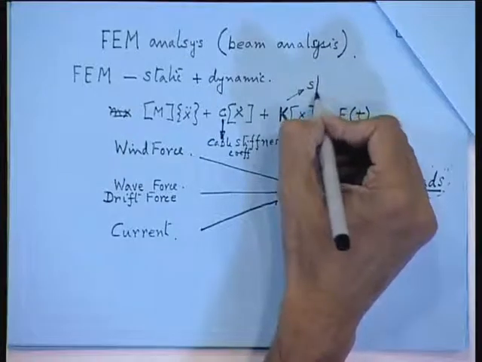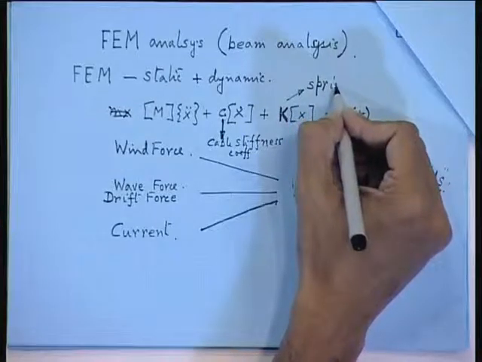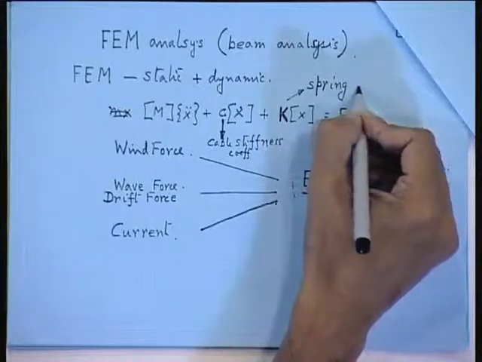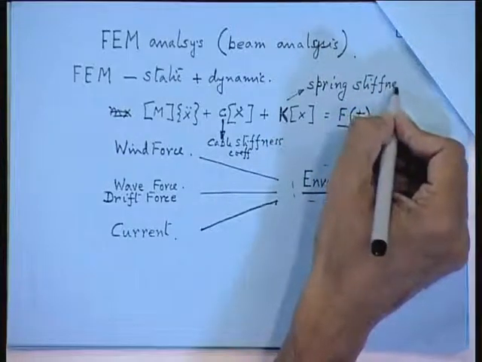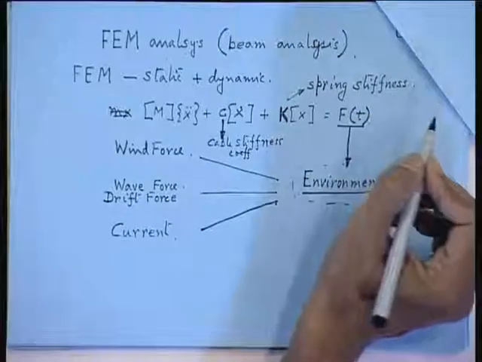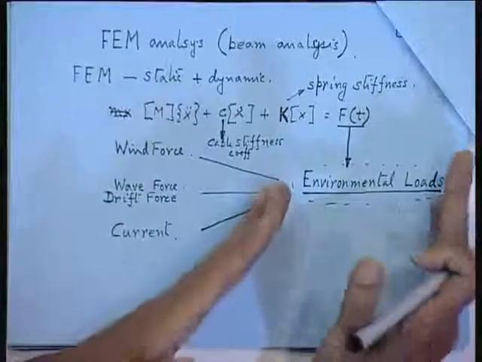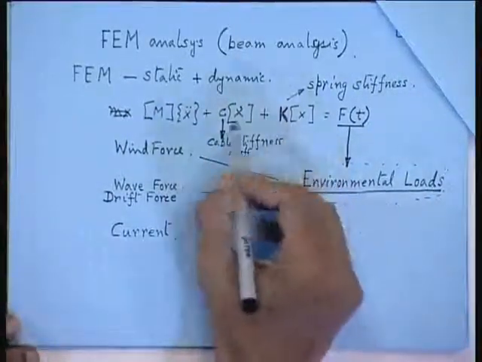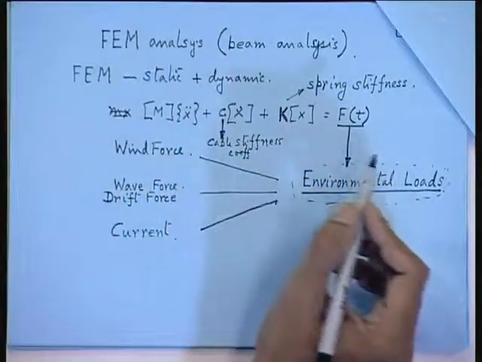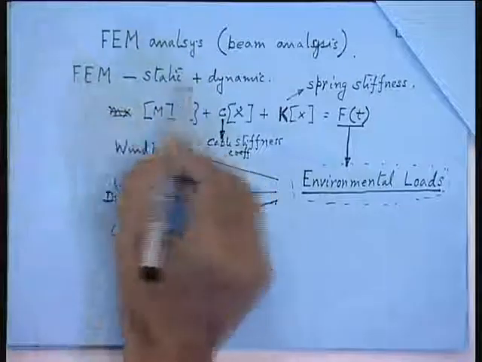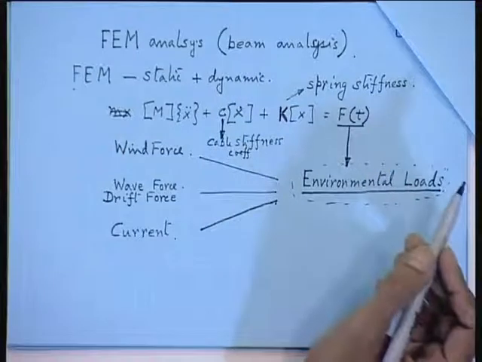So the whole mooring system has some kind of a springing action. So this is called spring stiffness. So all these stiffnesses you have to calculate. So anyway, you start from here, then you find out this K, C and M, of course you know from the disposition of the cable, but your final aim is FEM static and dynamic analysis.